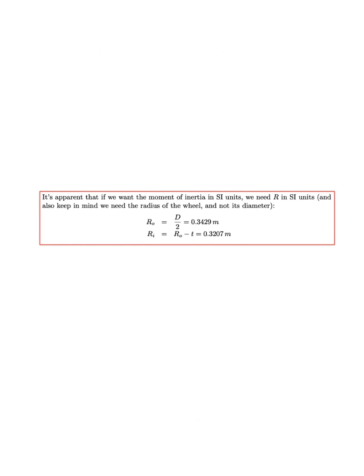So the outer radius is the diameter of the wheel divided by 2. The diameter of the wheel is 27 inches. Divide that by 2, you get 13.5 inches. And then you have to multiply it by 0.0254. There's exactly 2.54 centimeters in an inch. So I get the outer radius of the wheel to be 0.3429 meters.